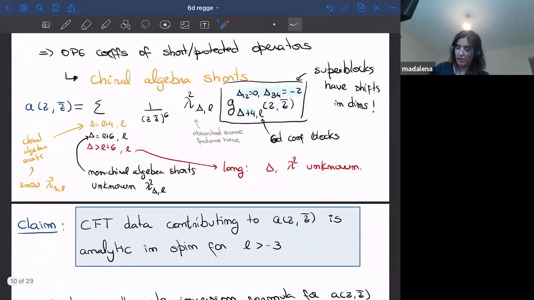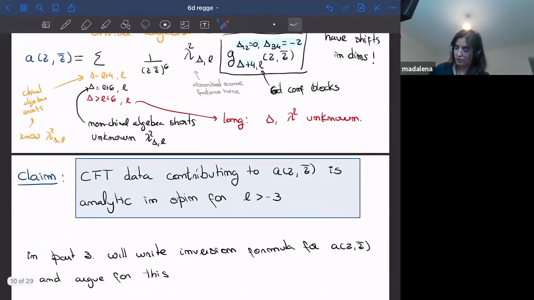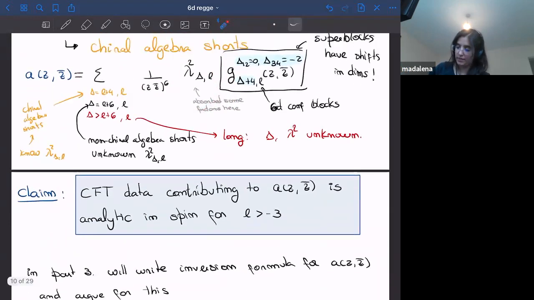What we would like to do now is to write an inversion formula for this a. And this OPE density is what I will be studying, the CFT data that contributes to a. And the claim is that the CFT data that contributes to a is actually analytic in spin for all spins starting at -3.